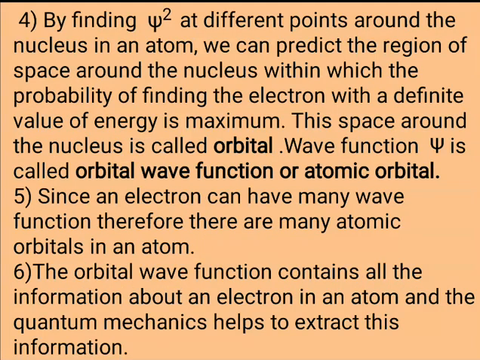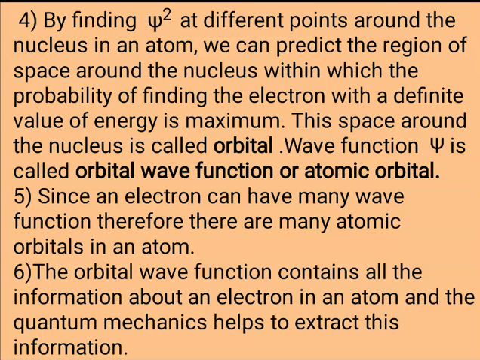Number 4, by finding psi square at different points around the nucleus in an atom, we can predict the region of space around the nucleus within which probability of finding the electron with a definite value of energy is maximum. And what do we call this space? It is called orbital.